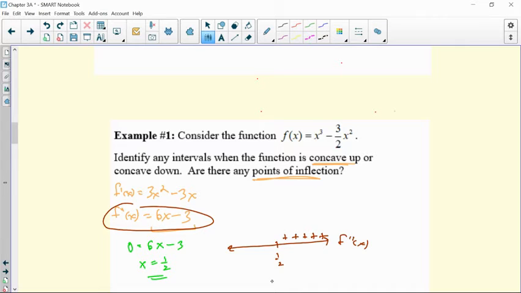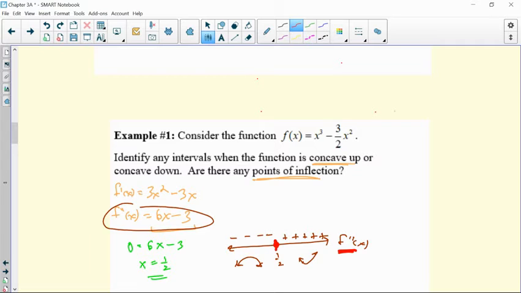And things that are less than 1/2, like let's say 0, are going to be negative. So you're shifting from concave down, because remember it's a second derivative test, to concave up. So you did switch signs. So that means that 1/2 is definitely a point of inflection. How do I know it's a point of inflection? Because f double prime changed signs at that instant.